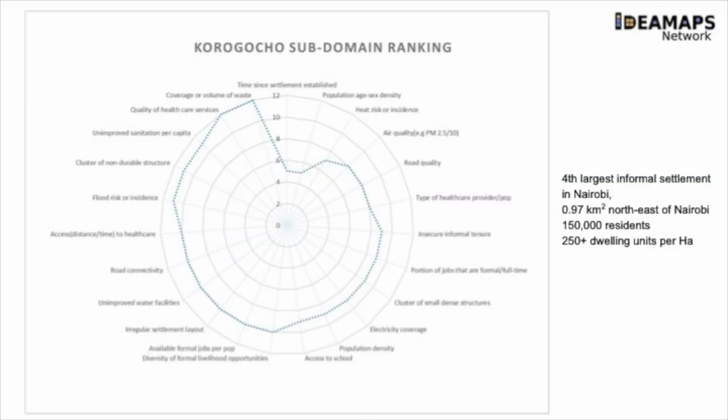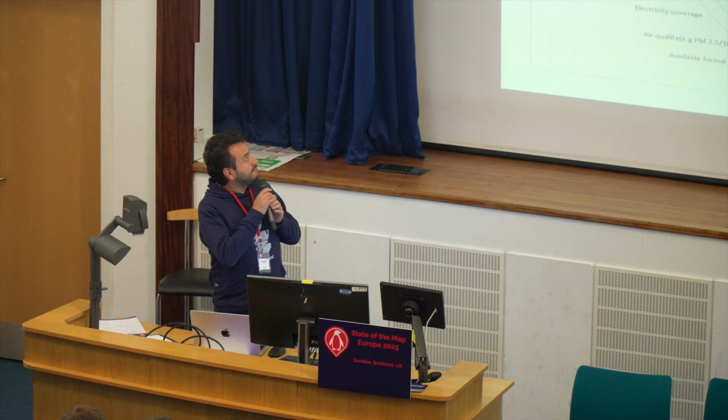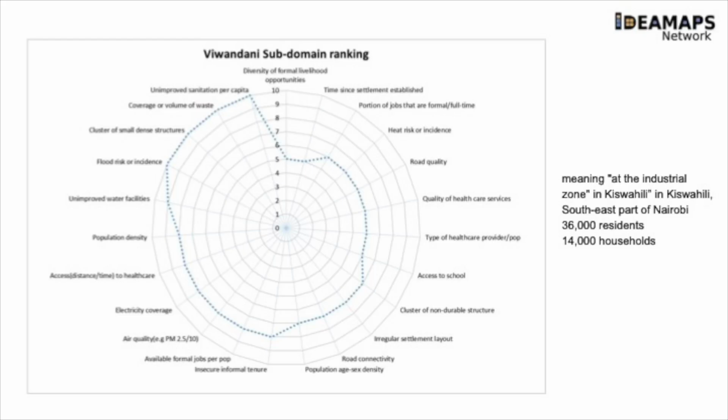Because on the other hand, although for the formal definition of informal settlements air quality is a priority in the literature, in their views it is not on top of this priority. We also did this exercise for Vivandani, another informal settlement, which in Swahili translates as "close to the industrial area."